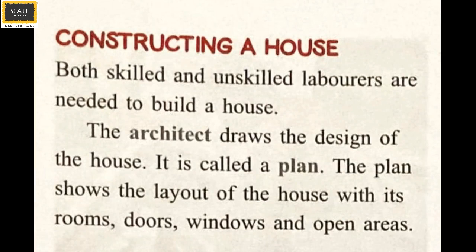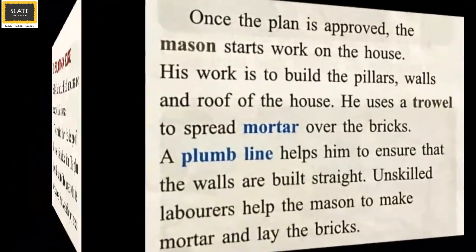Constructing a house. Both skilled and unskilled laborers are needed to build a house. The architect draws the design of the house. It is called a plan. The plan shows the layout of the house with its rooms, doors, windows and open areas.